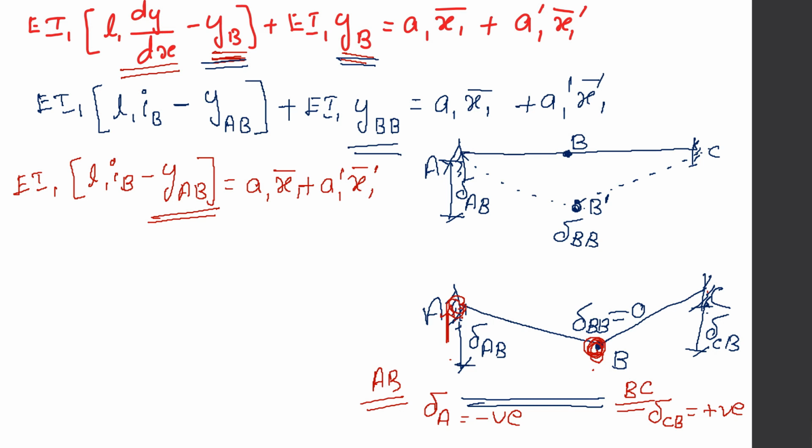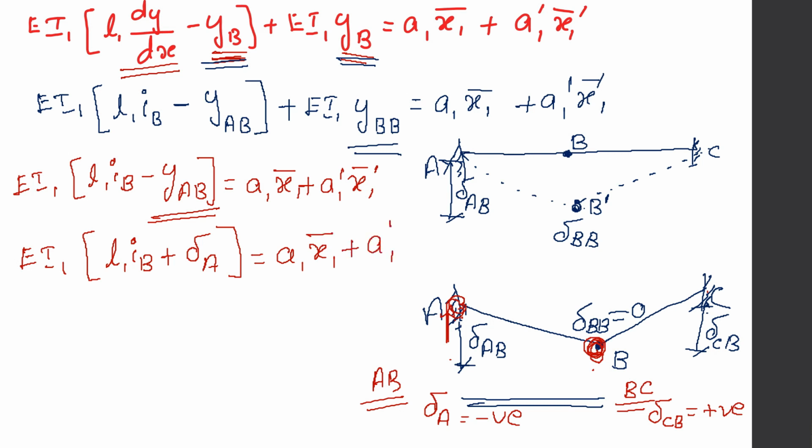So, since we are considering the beam AB, the right support B is at the lower level, delta A is taken as negative. So that we get EI1 into L1 into IB plus delta A. So because minus of minus delta A. So it is plus delta A is equal to A1 into x1 bar plus A1 dash x1 bar dash.